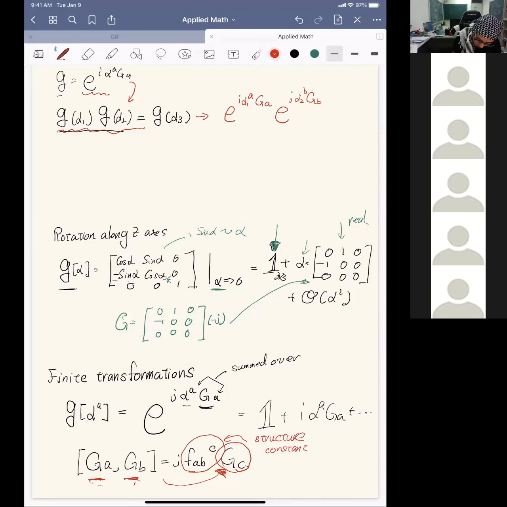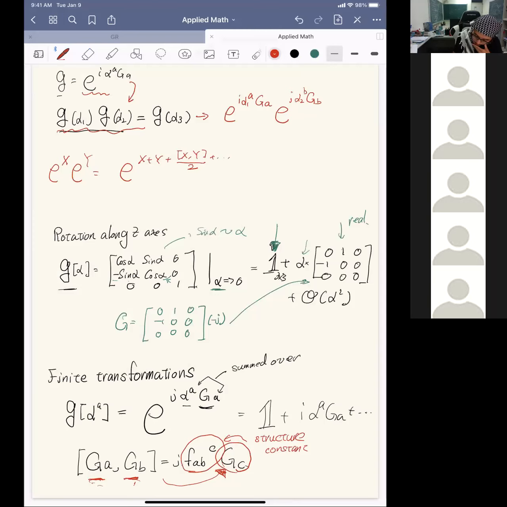But you know that exponential x times exponential y is given by exponential of x plus y plus 1/2 the commutator of x and y. I guess we've already learned this, for those of you who've taken Applied Math 1, with higher order terms, where the higher order terms are always in terms of these commutators. Okay.